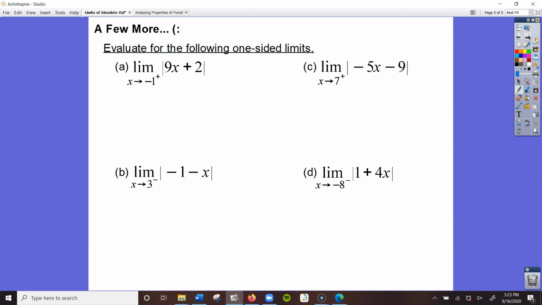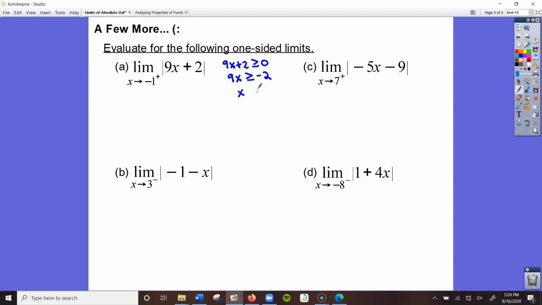Now we're just going to practice a little bit more just to make sure. For this first one, we have the limit as x is approaching negative 1 from the right of the absolute value of 9x plus 2. So I'm going to go ahead and rewrite this as my piecewise function. Remember, you take that 9x plus 2 and make it greater than or equal to 0. Subtract 2 from both sides. We get 9x is greater than or equal to negative 2.